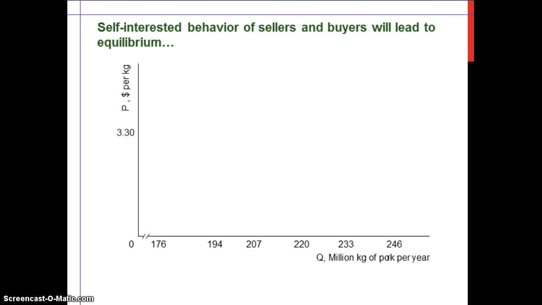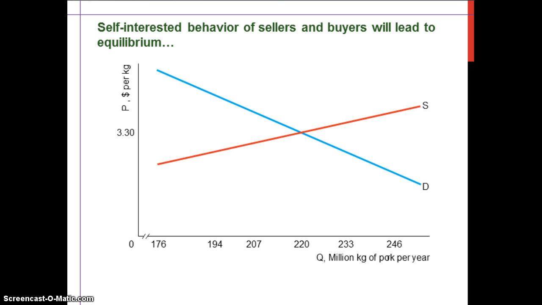So let's see how a free market solves another type of market disequilibrium: excess demand. Self-interested behavior of sellers and buyers will lead to equilibrium. In this graph, at the price of 3.30, quantity is determined at 220, and this is market equilibrium.